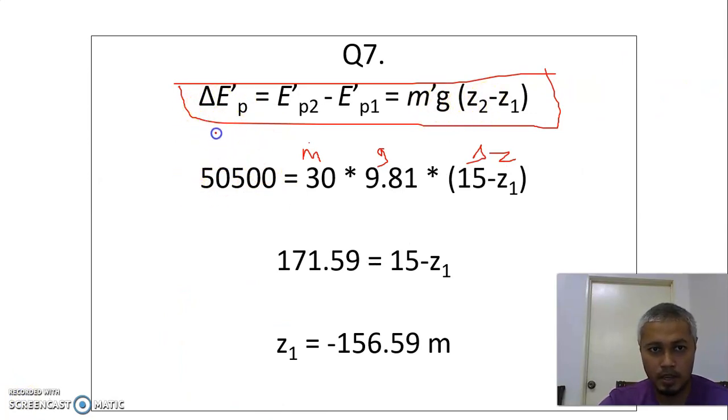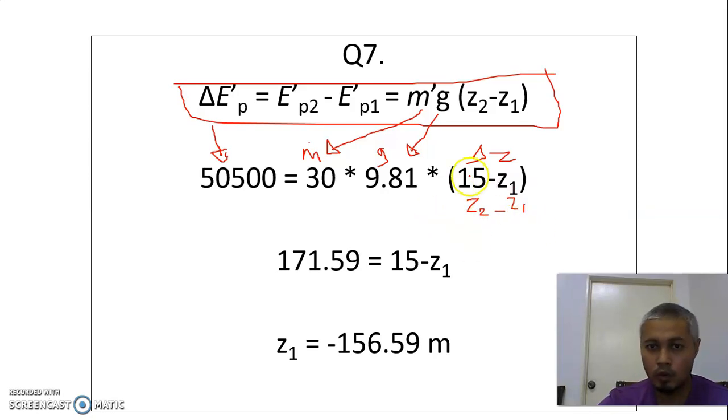So we have delta EP equals 50,500, given in the question. We have m, the mass flow rate, equals 30, given in the question. G, we already know the gravitational acceleration is 9.81, and we have this one as Z2 and Z1.